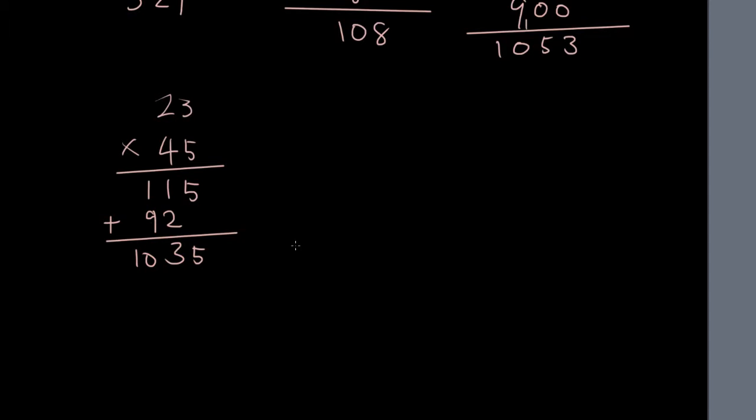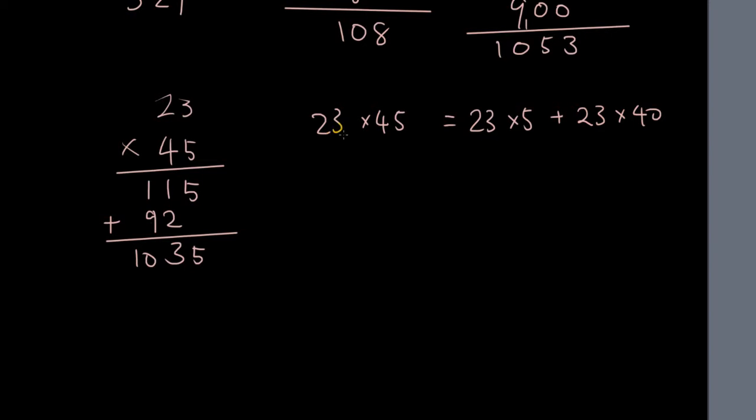So you might think, what just happened? What did I just do? Well, 23 times 45. Okay, that is the same as 23 times 5 plus 23 times 40, isn't it?